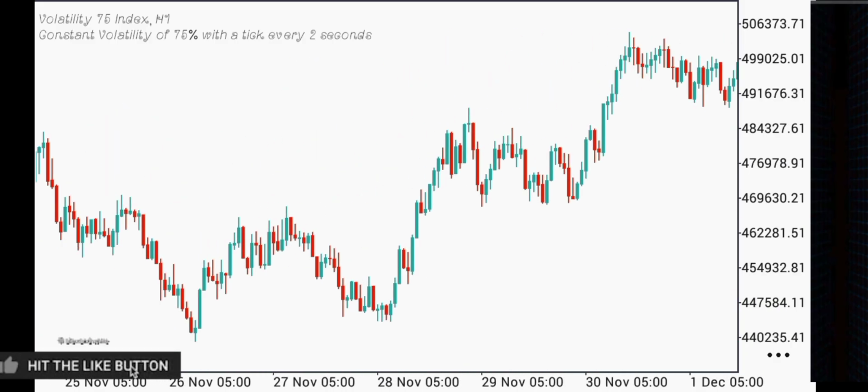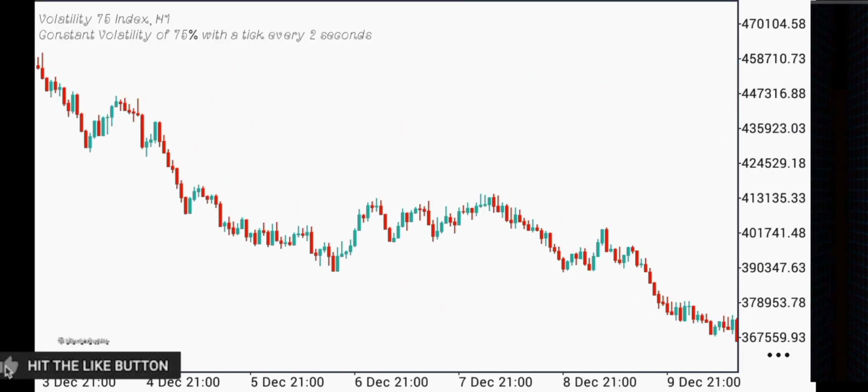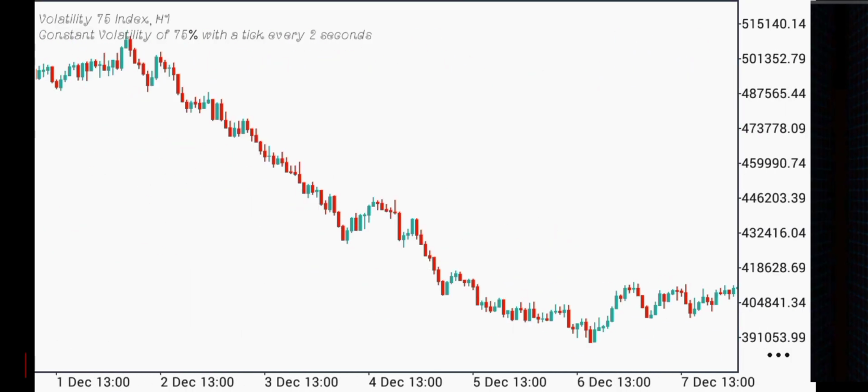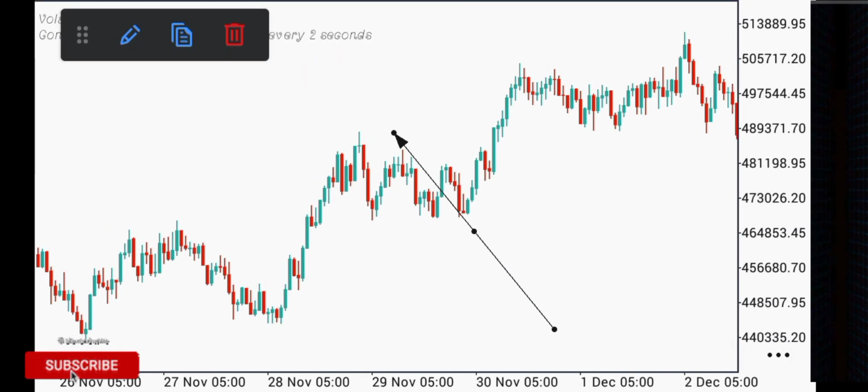Now, the question is, how can we spot it? How can we know when price changes its direction? It's very, very simple. Once you understand how to spot when price is changing its direction, I promise you this is a game changer, because it will help you understand what the market is doing. So now look at what you have here.